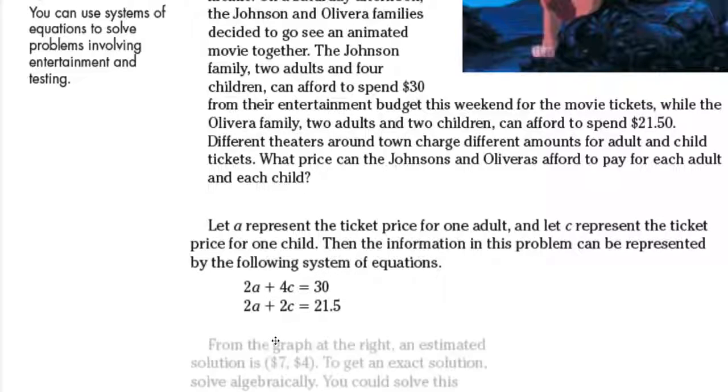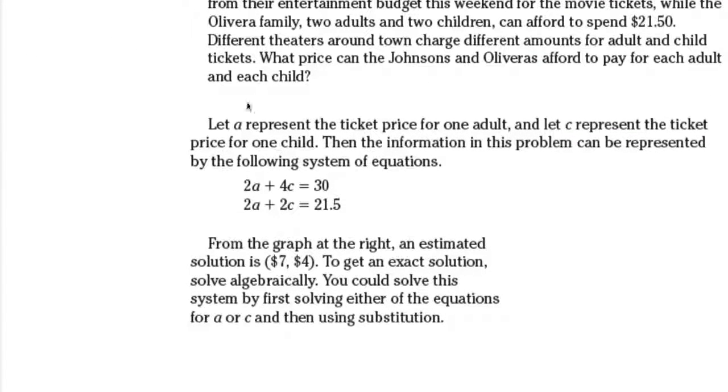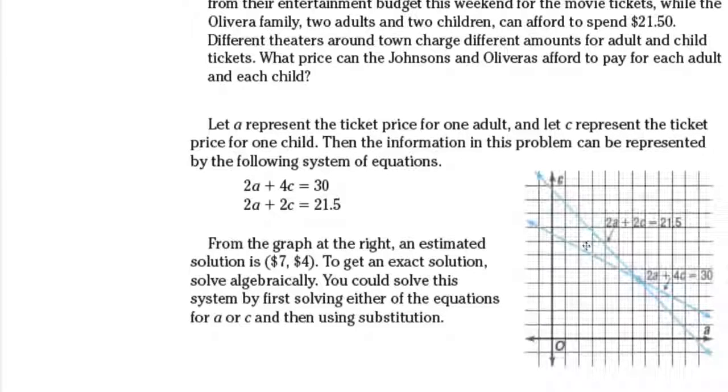If we graph these two equations, assuming that you know how to graph equations, 2a plus 4c equals 30 will be this graph right over here. Again, we can use our methods for graphing: using a table, using intercepts, using point-slope form, or using y equals mx plus b.